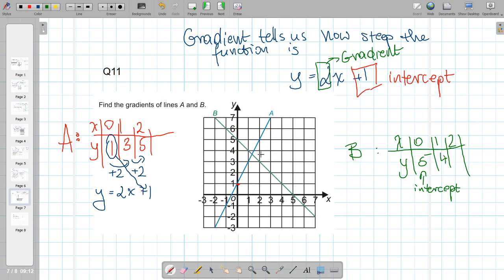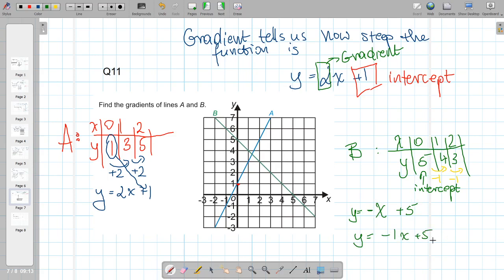For 2, we've got 3. So our gradient is -1 because we go down by 1 each time. So the line will have the format of -x or -1x plus 5. Right, so the intercept is 5, the gradient is -1, so we could have either of these.